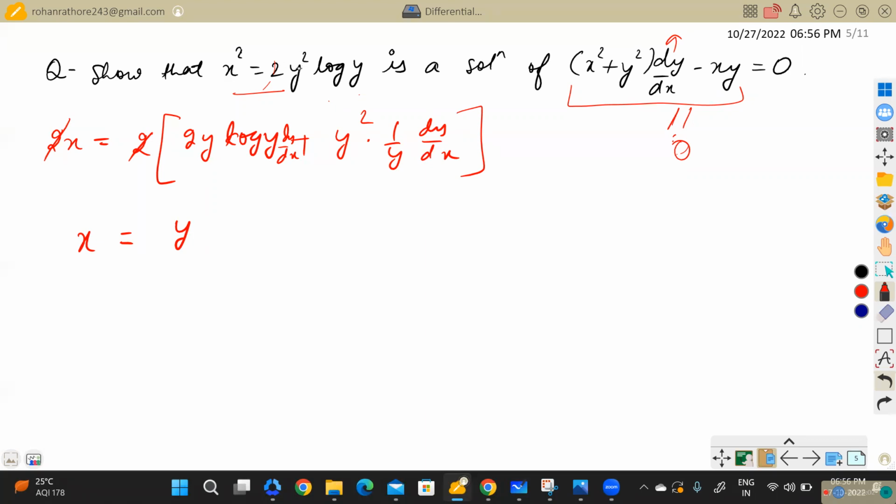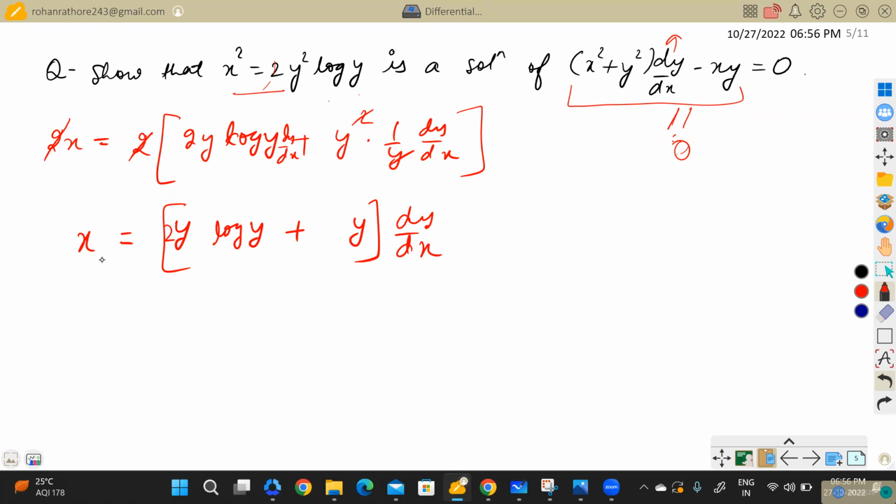We differentiated y square, so we get 2y, and log y is just like that, and dy by dx. So y log y plus this y and y cancel out, and you get y, and I'm taking the dy by dx as common as it is present in both the terms. Isn't it 2y log y? Yes, 2y log y.